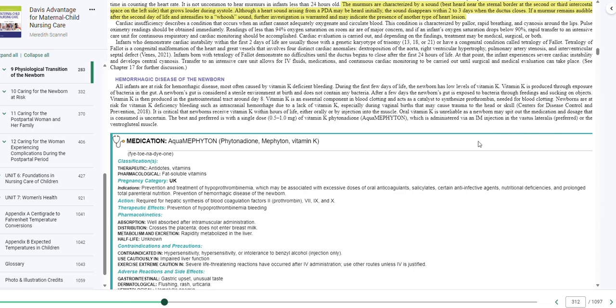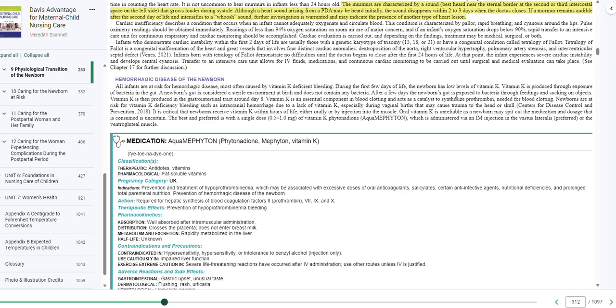So when doctors have to use forceps or some strong suctioning, we get really concerned about the trauma. We definitely don't want a baby to have a bleed because they don't have those blood clotting factors, right? And if the bleed happens before we can give the vitamin K, it can be a bad thing.